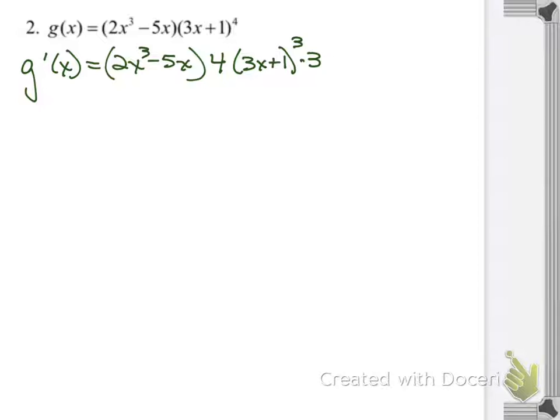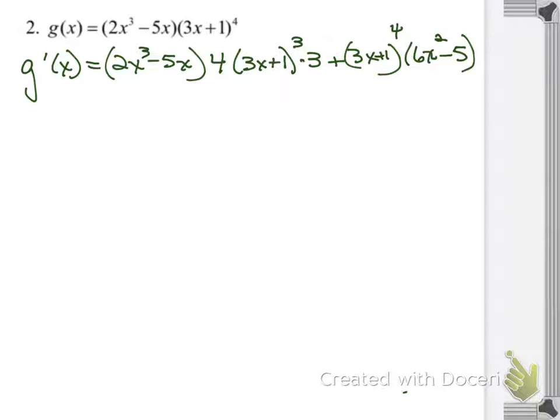So that's left d right plus right, which was the 3x plus 1 to the 4th power, d left, which is just going to be 6x squared minus 5.